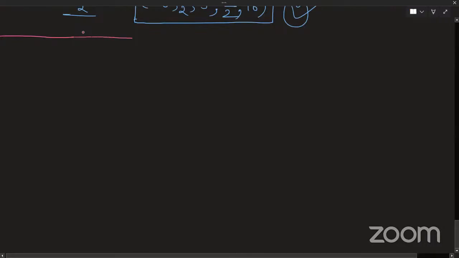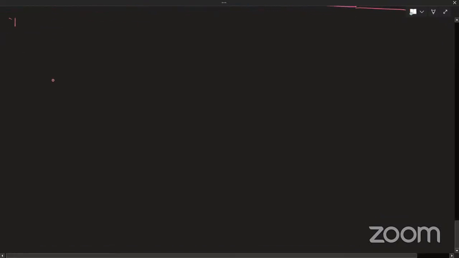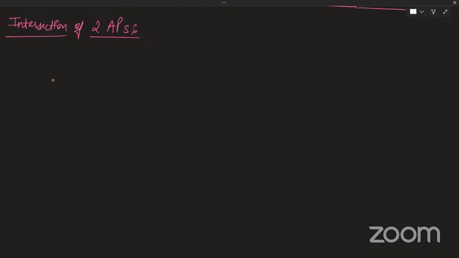Okay, just one more concept before we move ahead: the intersection of two APs. Basically, I have two APs.